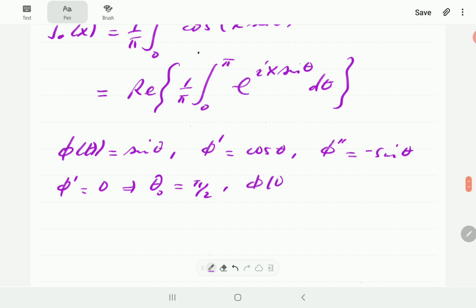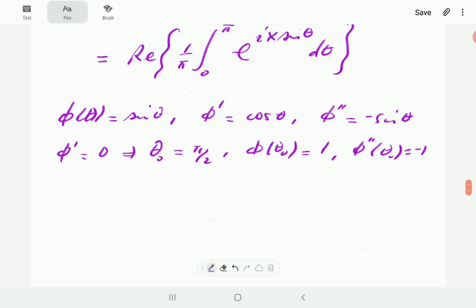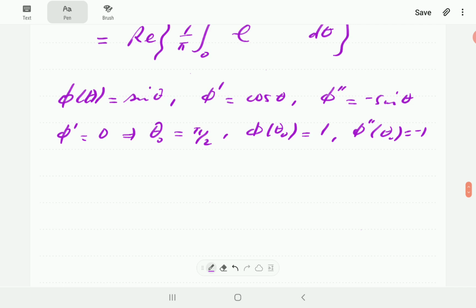Then our phi at pi on 2 is 1, and our second order derivative at theta naught is negative 1. F is 1, so f of theta naught is always going to be 1.